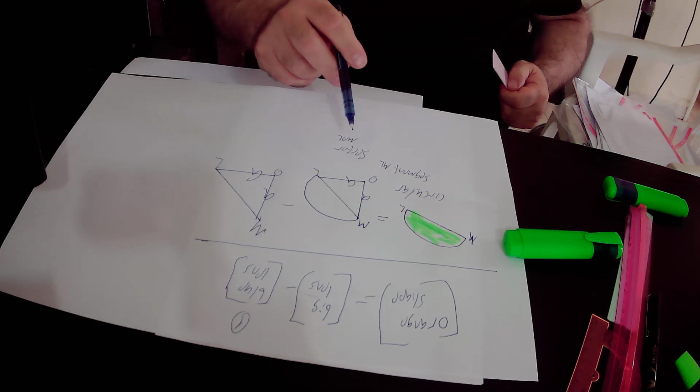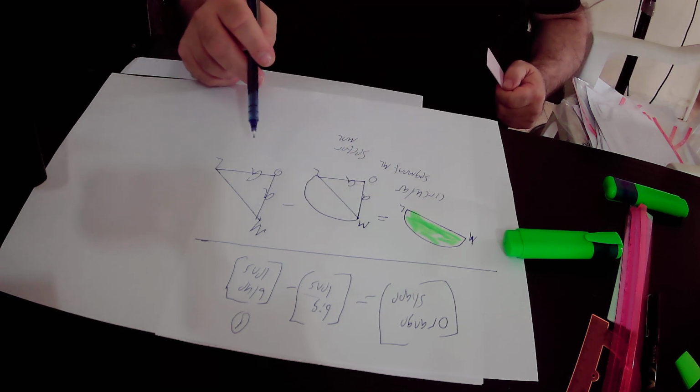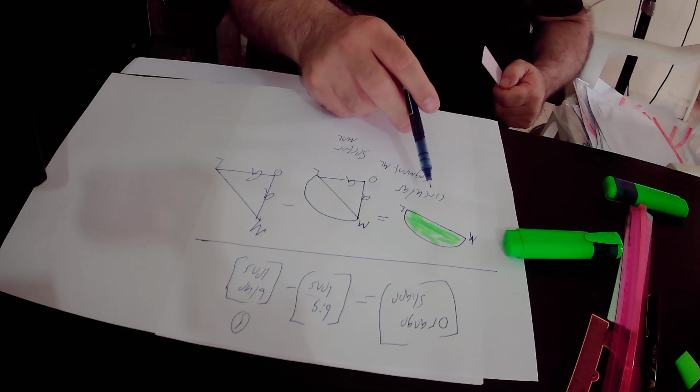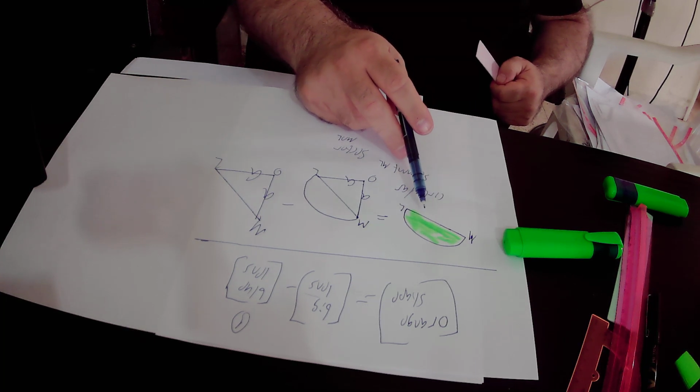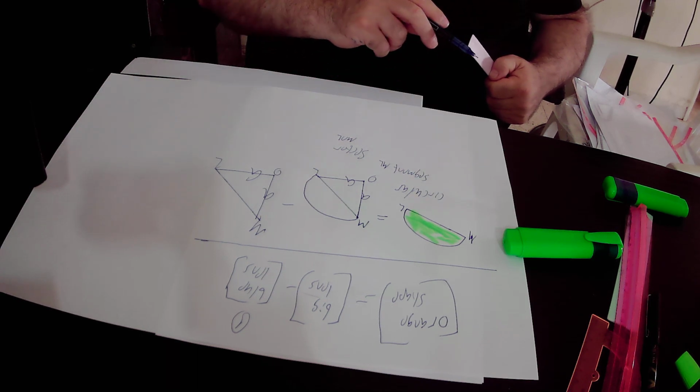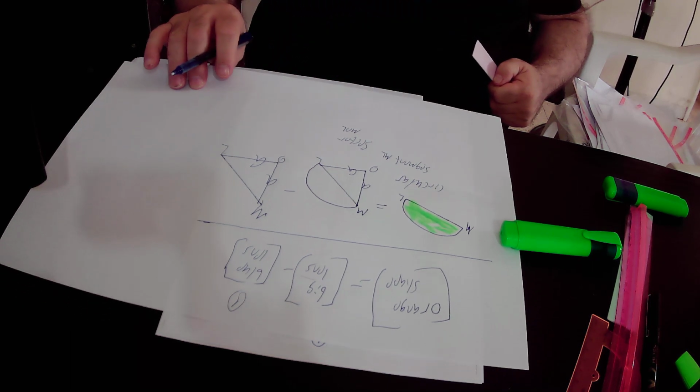I repeat again, the area of sector MOL minus the area of triangle MOL will give us exactly the area of circular segment ML. Okay?